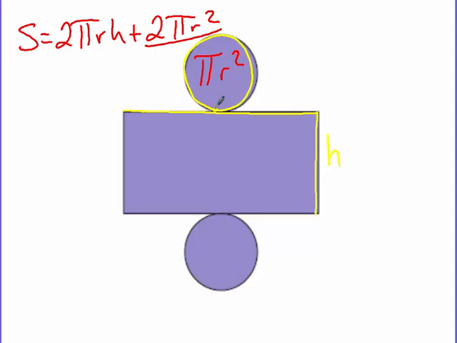So to find this length, we use the circumference formula, 2 pi r. So in order to find the area of this rectangle, it's 2 pi r, which is our length, times our width of h. So that's where the 2 pi r h comes from. Okay, so that's where our formula is derived from.